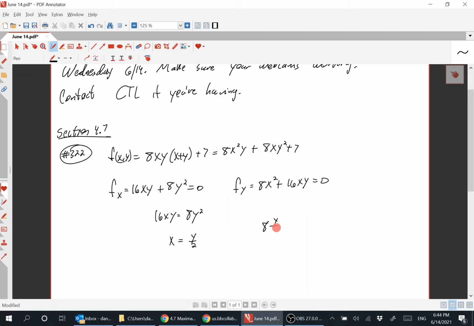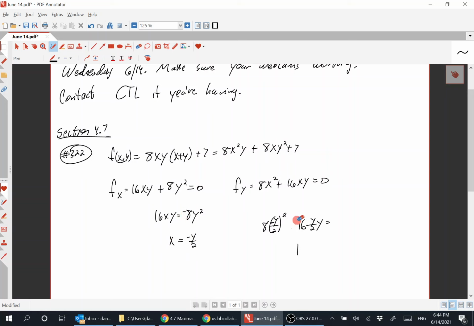So 8 times y over 2 squared plus 16 times y over 2 times y. So these are both 8y squared. Would the x be negative? Oh, negative, yes. So x is negative y over 2.